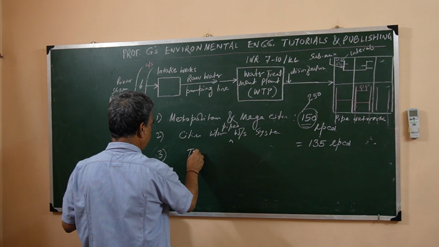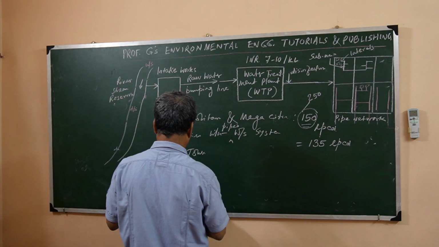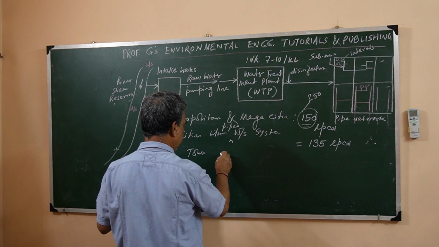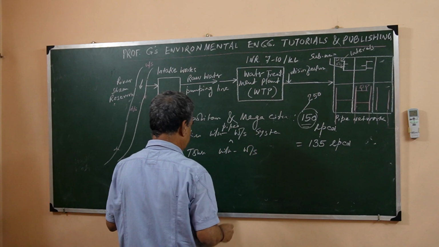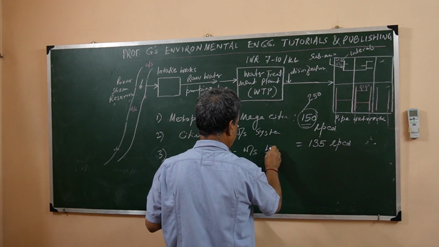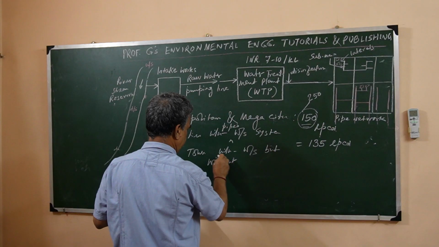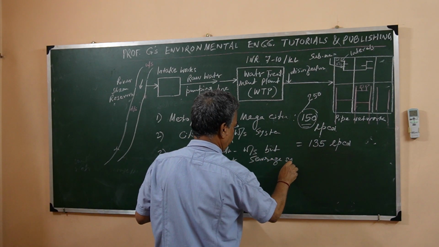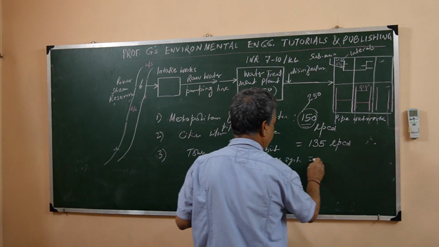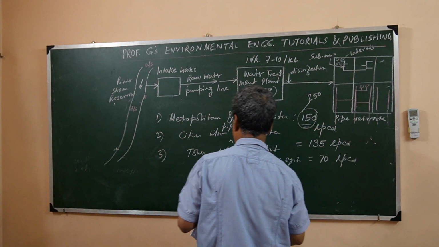Then mid-level towns that are provided with water supply but without a sewerage system. That is 70 LPCD.